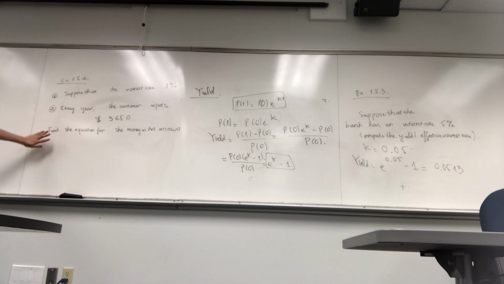Suppose that the interest rate is 7%, and every year the customer puts $3,650 into his account. Now you have to find an equation for the money in his account.